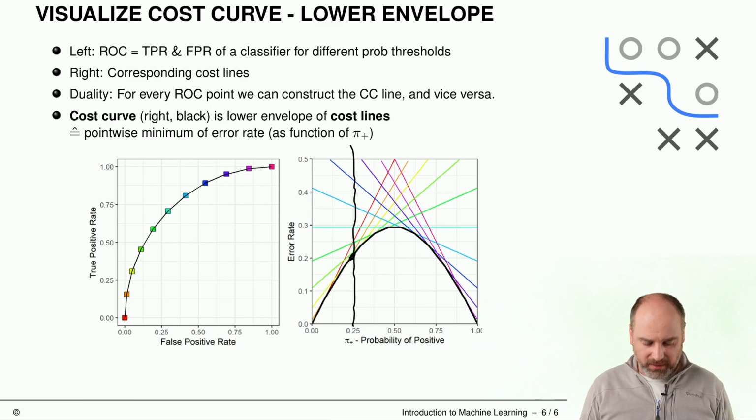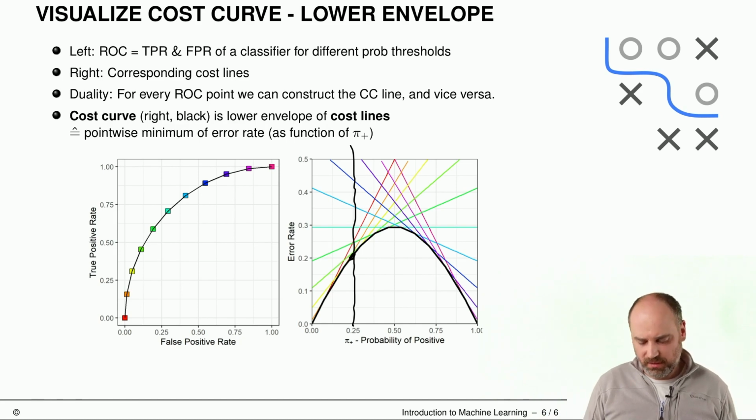And this basically tells us, for every given pi plus setting of a prior probability, what is the minimal misclassification cost we can reach if we allow ourselves to vary the threshold, and why shouldn't we allow ourselves that.